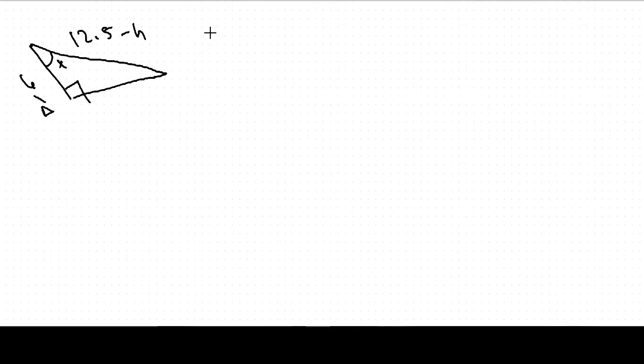So you would do cosine inverse equals 6 over 12.5. And it's not equal, that's equal to the angle.